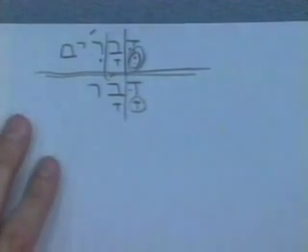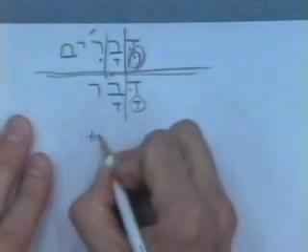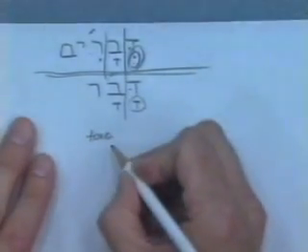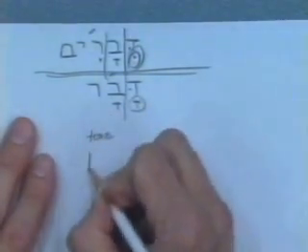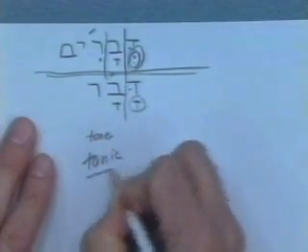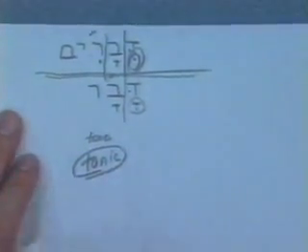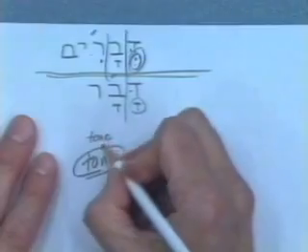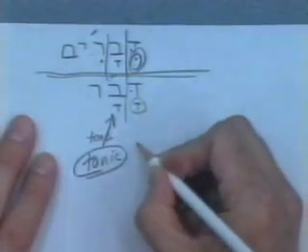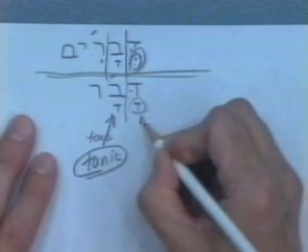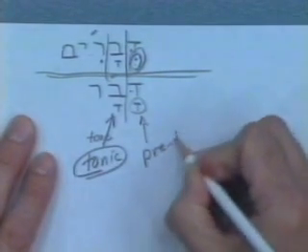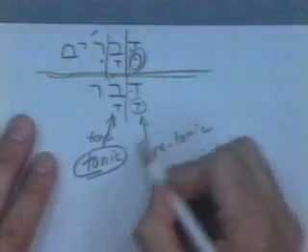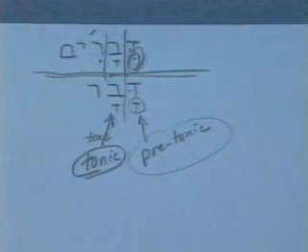The syllable that has the accent, sometimes called the tone, or the tone syllable, tone being a way of describing the accent, is called the tonic syllable, as in gin and tonic. All right? Tonic syllable. The one before the tonic is called the pretonic.